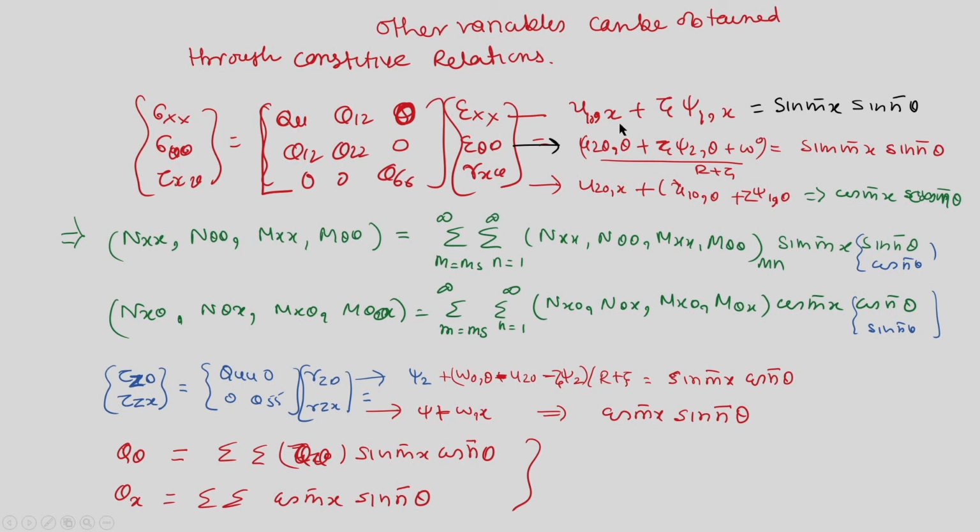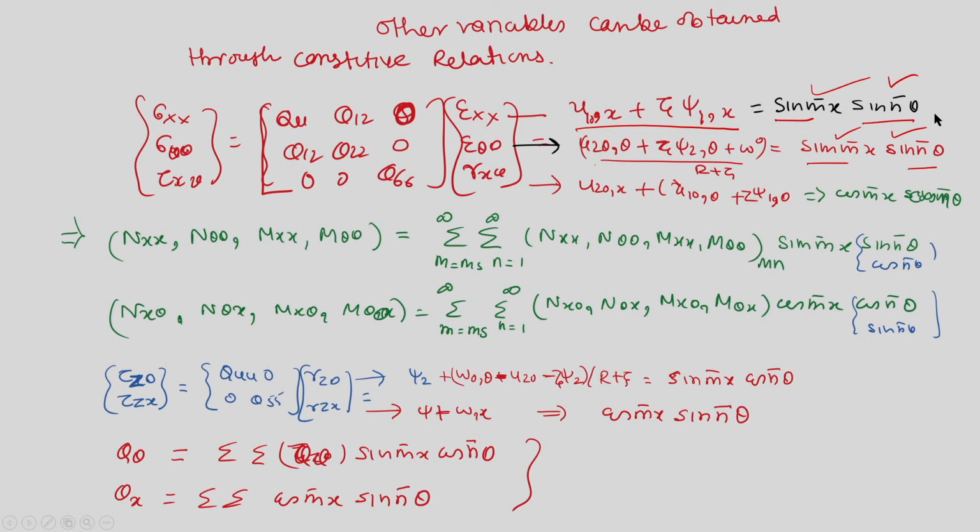So, epsilon xx is this much, u10 comma x plus zeta times I1 comma x. So, u1 is expressed cos and sine. If you take the derivative with respect to x, it becomes sine and sine. Similarly, u theta comma theta or u20 comma theta again becomes sine and sine. So, sigma xx and sigma theta theta will be expressed in terms of a sine series, sine and sine.